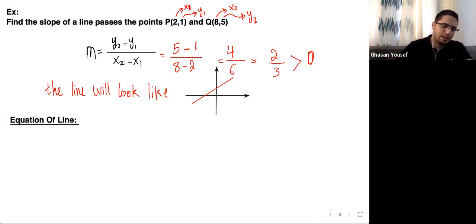The equation of the line passing the point, I'm going to give you the formula for the equation of a line.